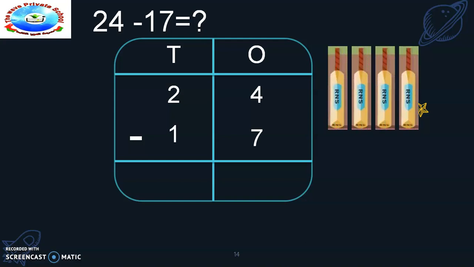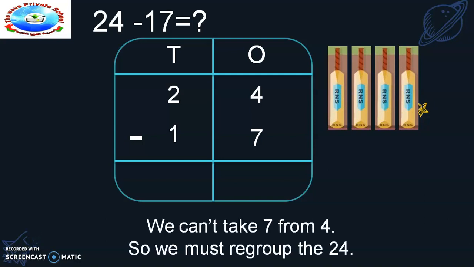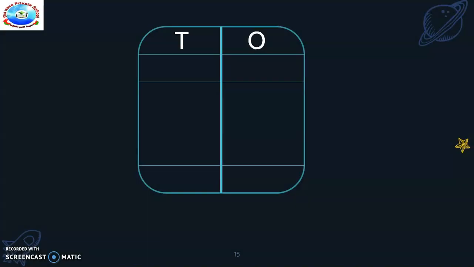But we cannot take 7 from 4. So, we must regroup the number 24. Let us see how to regroup the numbers.